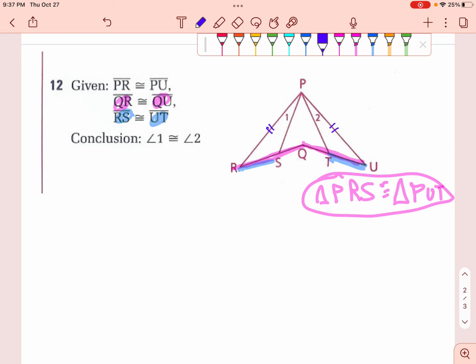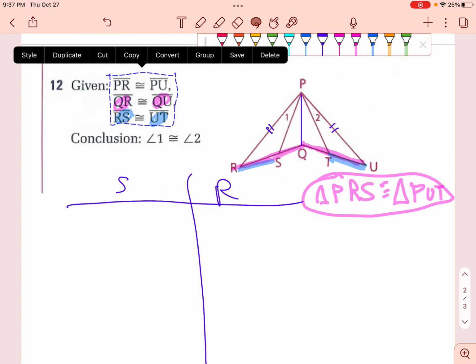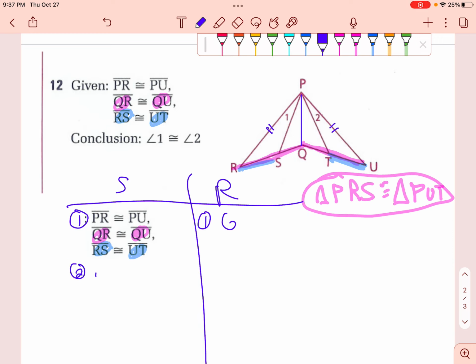And I feel as though if I draw this line, because I think the shape is weird. So if I draw PQ, so statements and reasons. Okay, so step 1, given. Step 2, draw PQ.